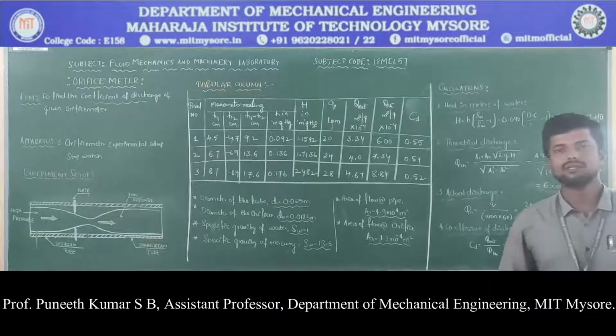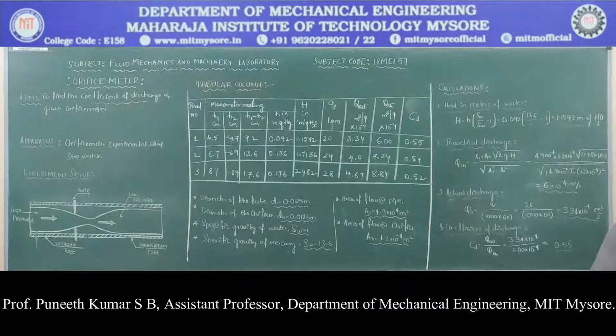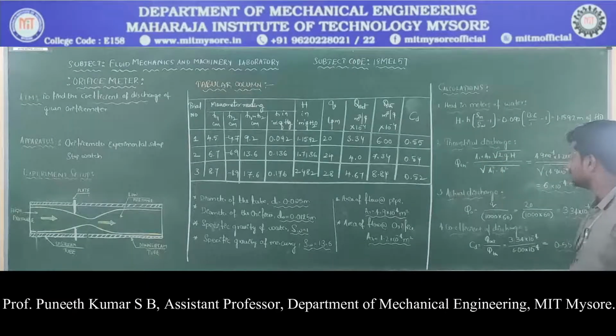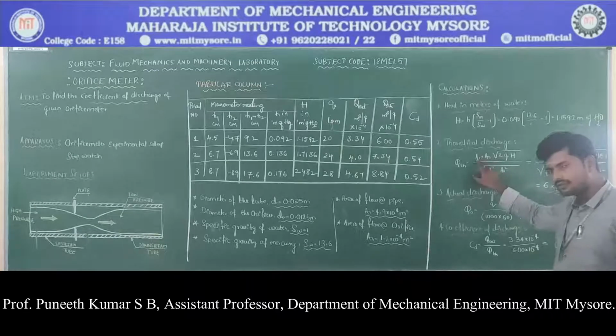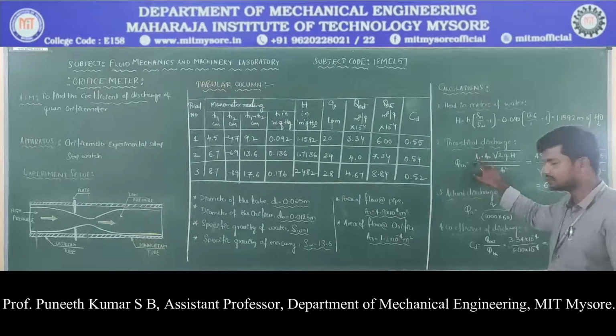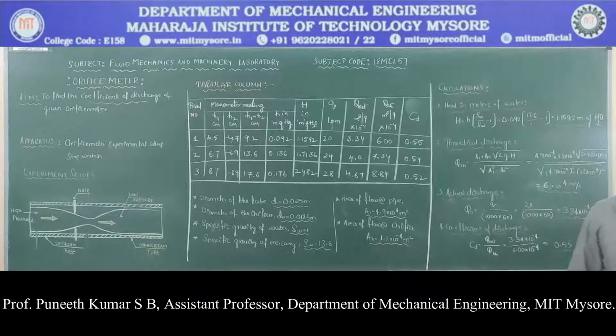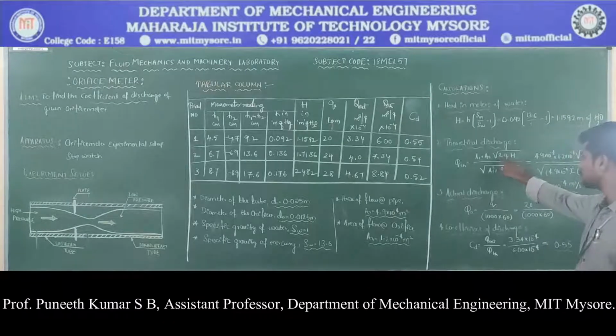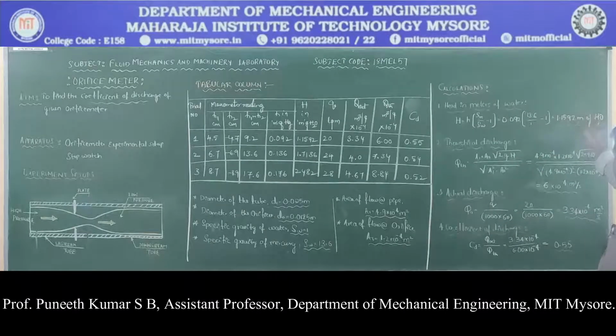The theoretical discharge formula we have already derived in the fluid mechanics subject. So this is the derived formula, where A1 is the cross section area of the pipe, A0 is the cross section area of the orifice, 2g is constant where g is the gravitational constant, and h is the head in terms of H2O.